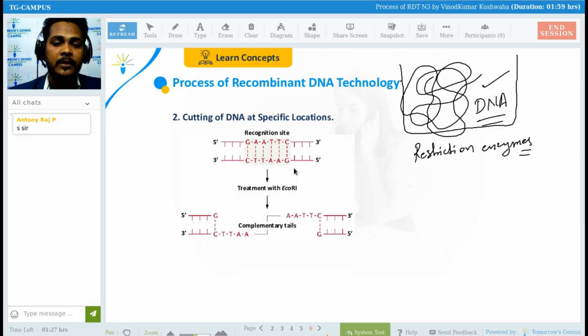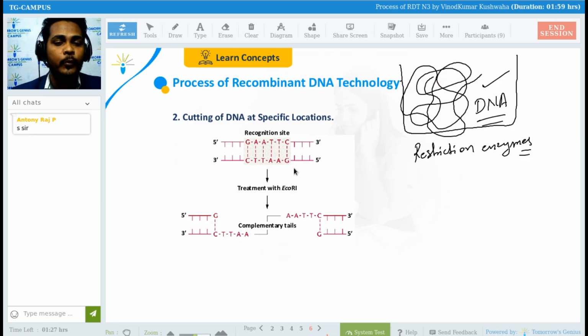This process is also repeated with the vectors. Suppose you selected the DNA and you also select the vector. The vector is also passed through the same process. Your desired vector needs to be transferred into the agarose gel electrophoresis to check the progress of its cutting, because when you isolate the vector, it also needs to be cut at specific locations, right?